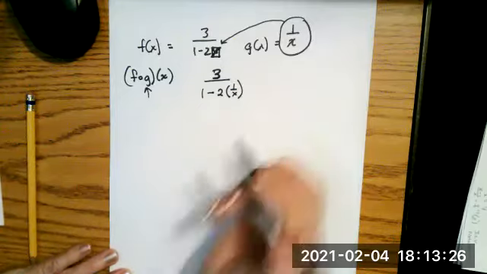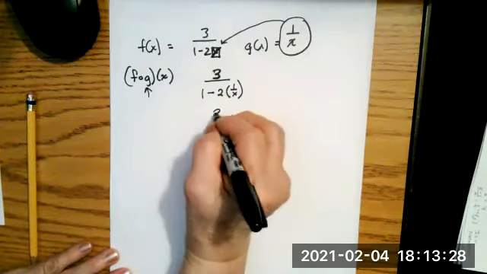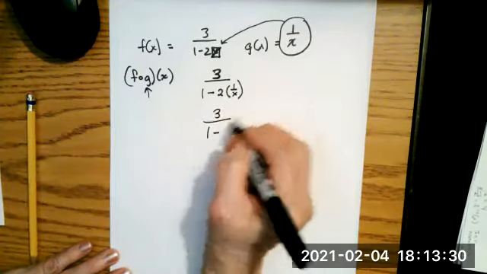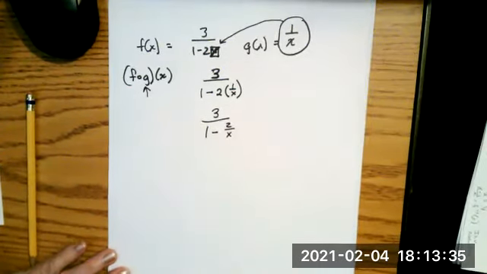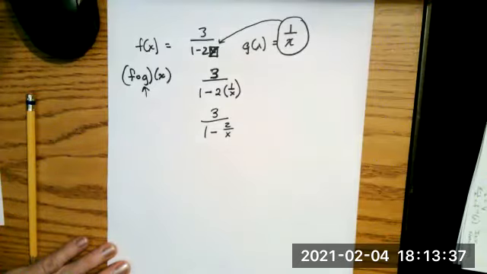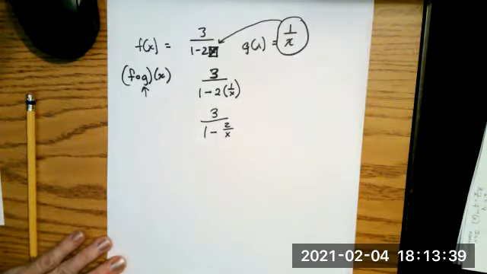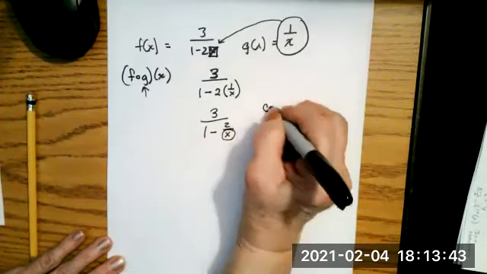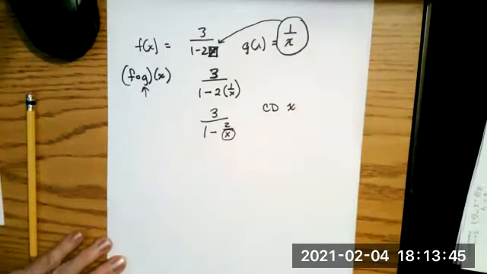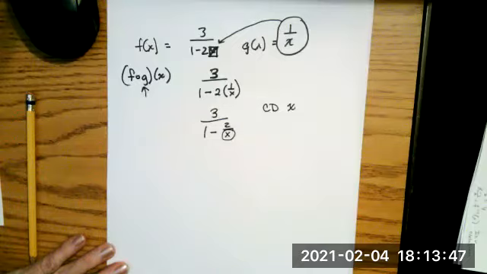Okay? Now then, I get 3 over 1 minus, I could multiply this out, 2 over x if I want to. I've still got to get rid of that fraction no matter what I do. I could have done it in that step before. This x is my problem, so my common denominator is x. I'm going to multiply everything by x.